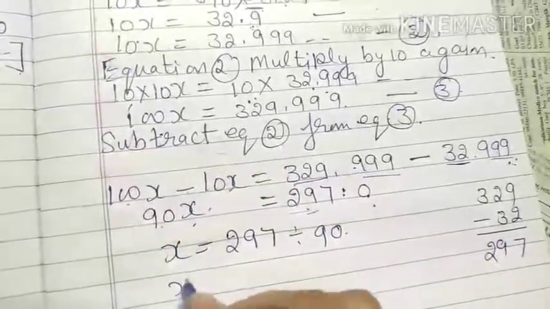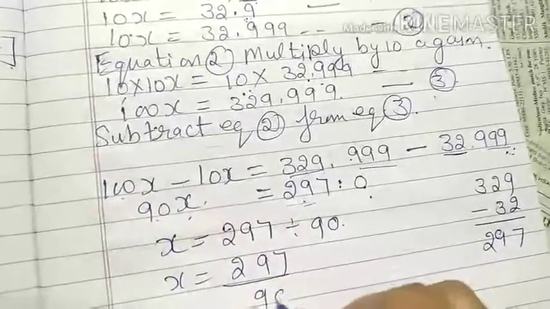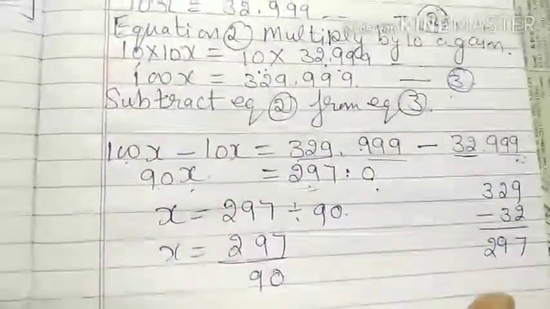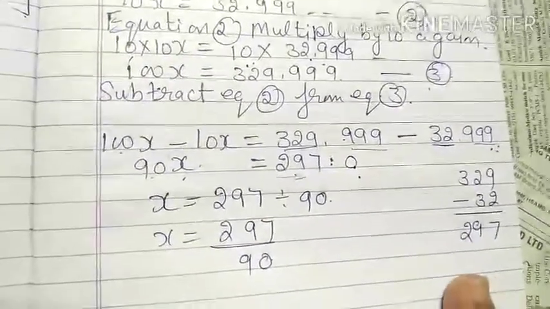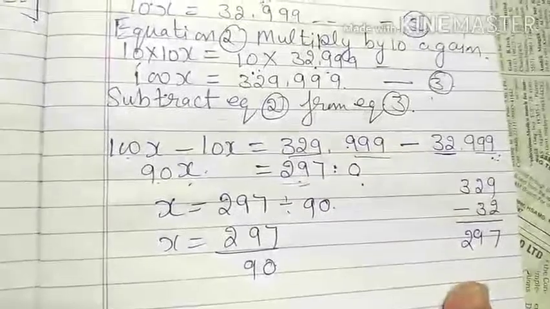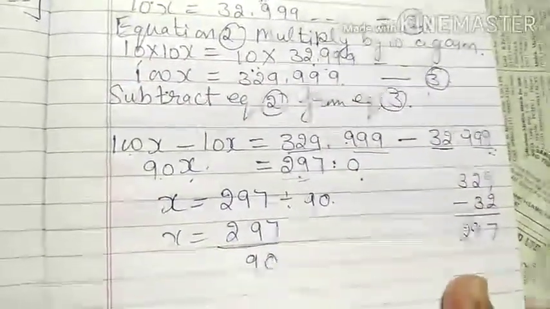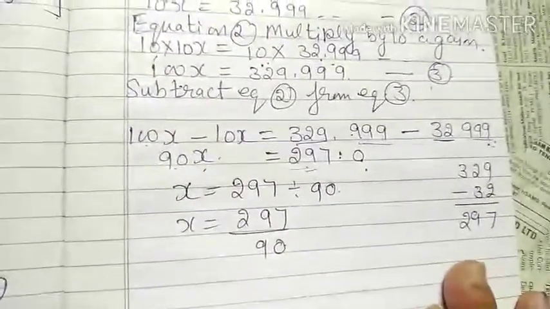Now you can check if there is any common number between them. Yes, both go in the 3 table also. You can also make it the lowest form or just keep it as it is, because the condition is that you have to convert into fractions.